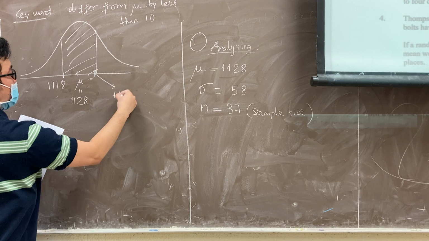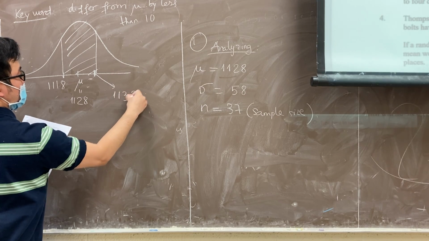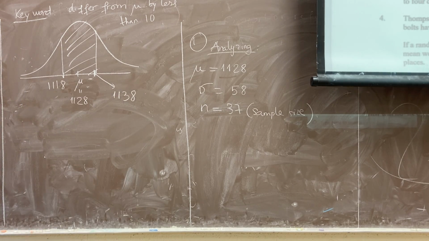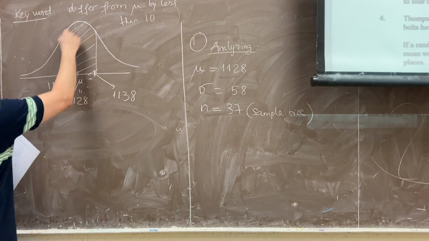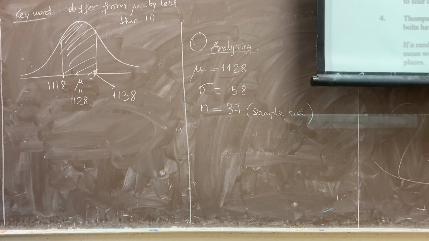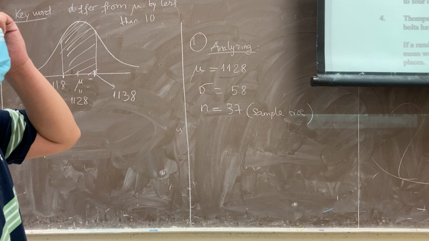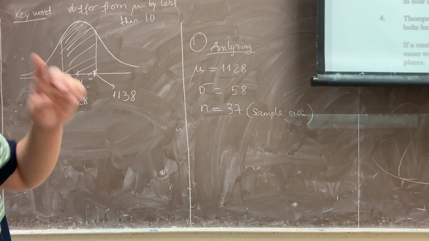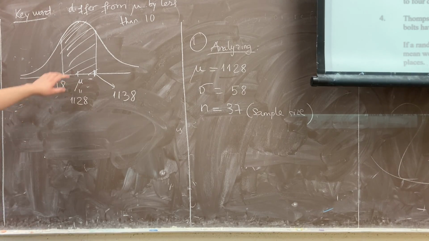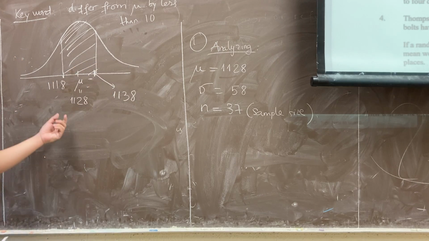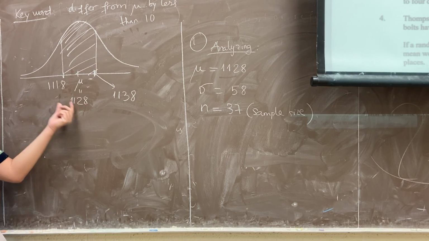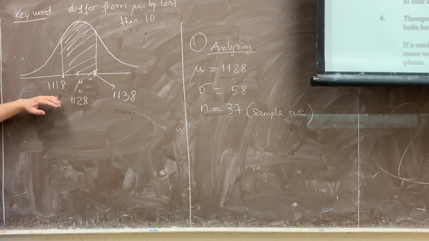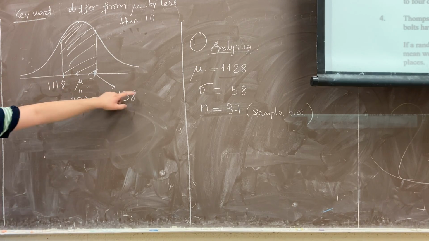So when they ask for the probability that the mean weight of the sample of horses would differ from the population mean by less than 10, you subtract 10 from mu and add 10 to mu. So we have two values here, and we need to find the area from this value to this value.